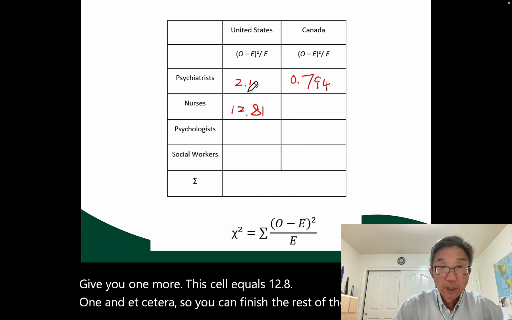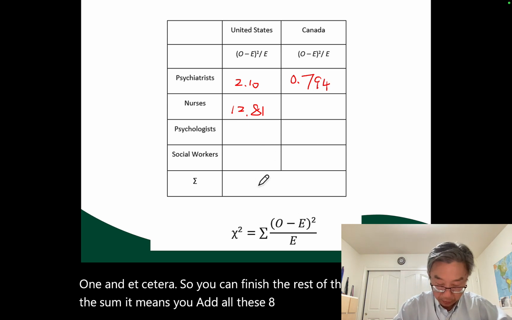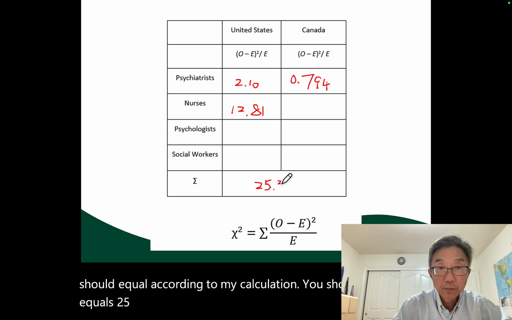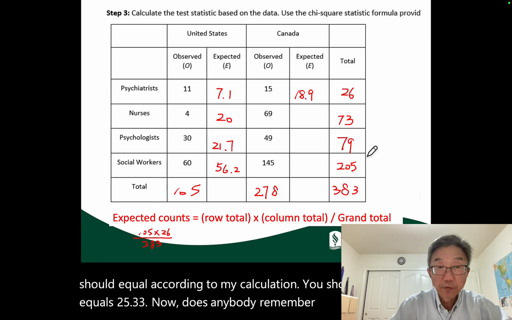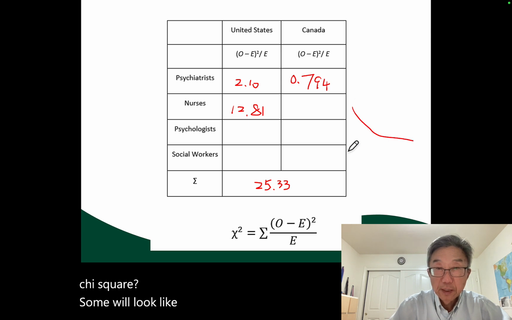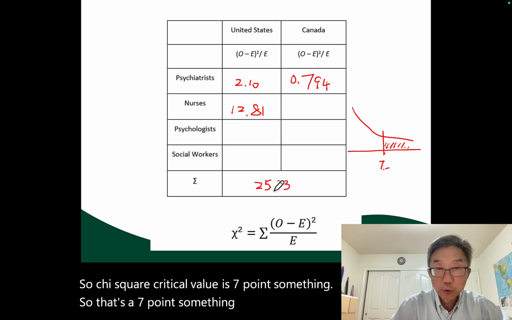And the sum means you add all these 8 together. Chi-square should equal, according to my calculation, and you should verify that, 25.33. Now, does anybody remember the critical value of chi-square? It looks somewhat like this, right? The chi-square critical value is 7 point something, and our chi-square equals 25.33.